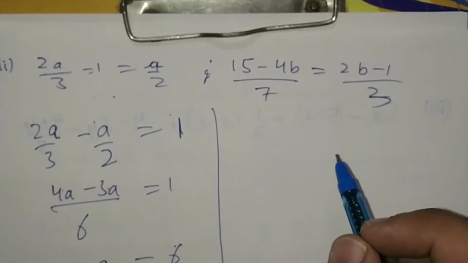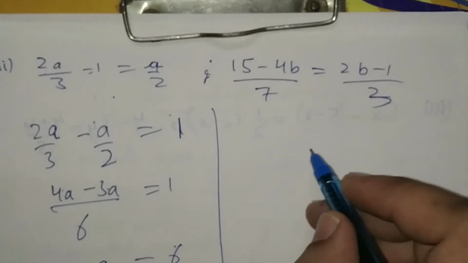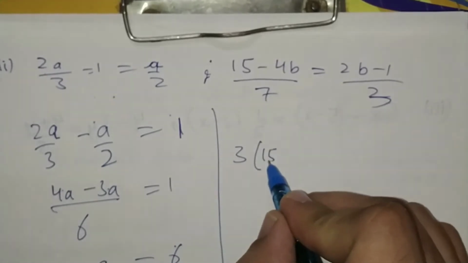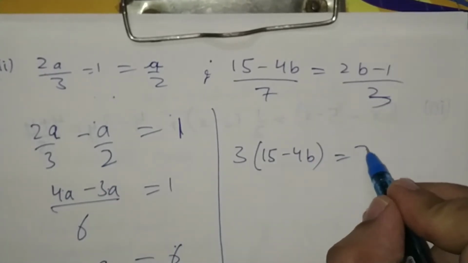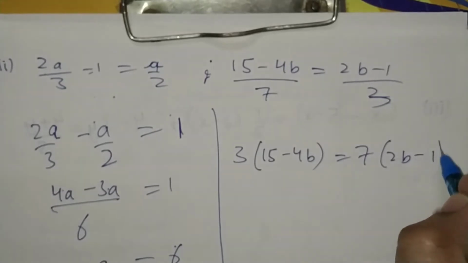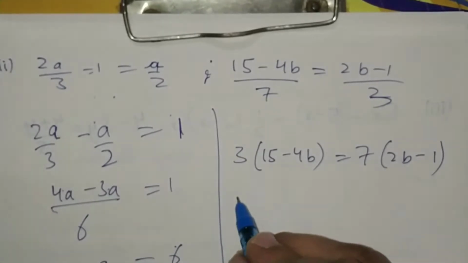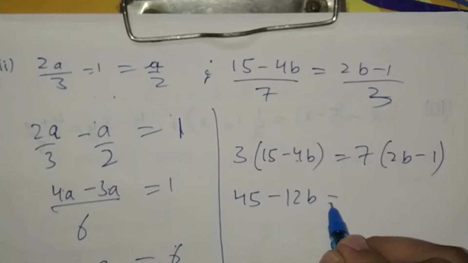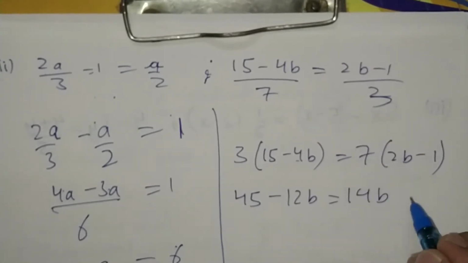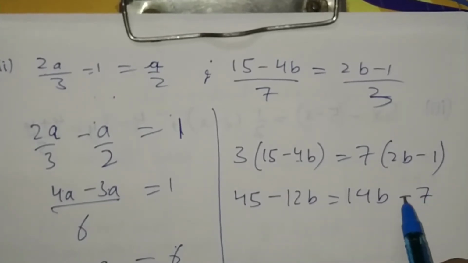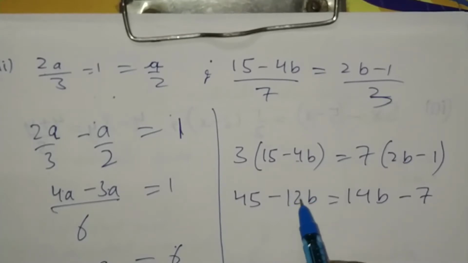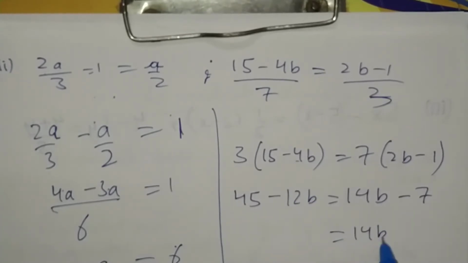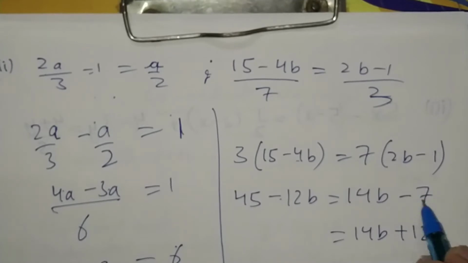Just do the cross multiply. 3 into 15 minus 4b is equal to 7 into 2b minus 1. 15 threes are 45 minus 12b is equal to 14b minus 7. Take this 12b to that side, 14b plus 12b, and this 7 to that side, 45 plus 7.